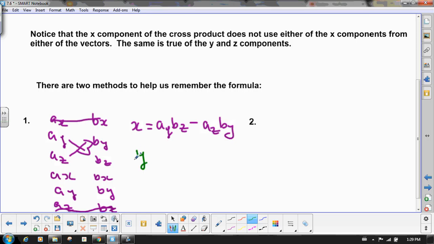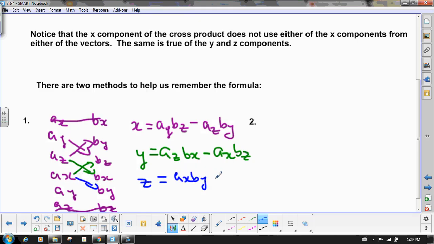My y component, now I'm going to do the next pairing. I'm going to have az bx minus ax bz. The z component will be the last two, so ax by minus ay bx.